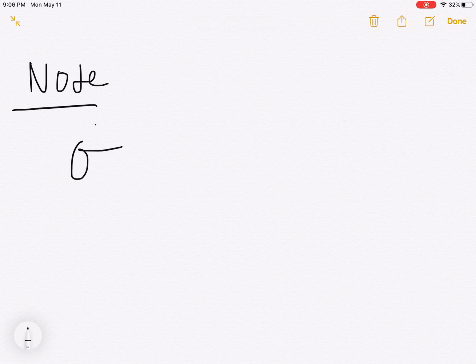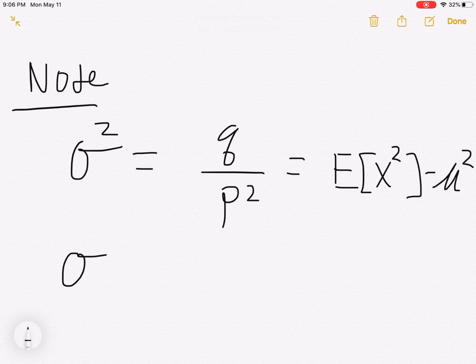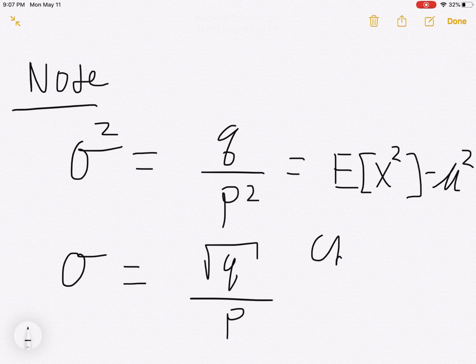One more thing is that the variance, sigma squared, for a geometric is going to be q over p squared. And this will be nothing more than E of X squared minus mu squared. And you can check this. So sigma will be the square root of q over p. And you should check this, of course.